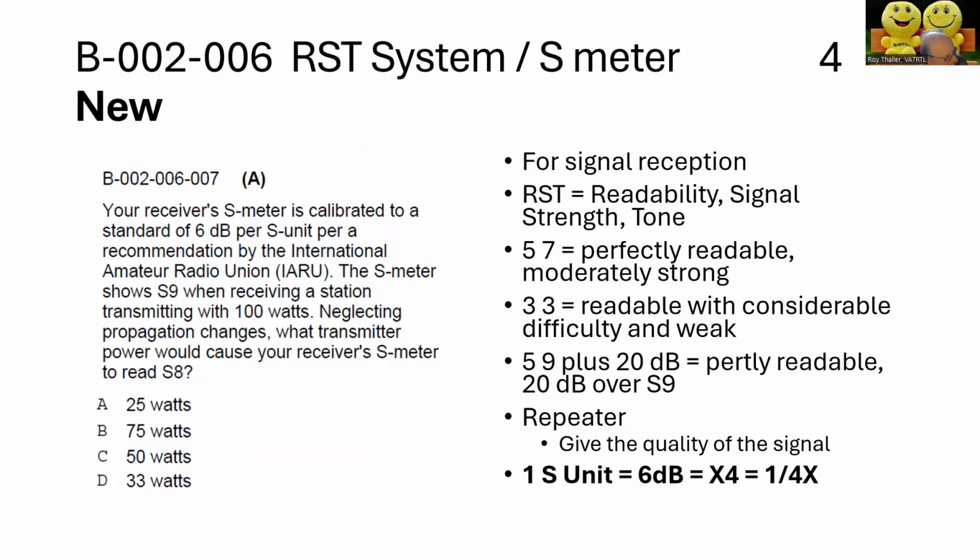Neglecting propagation changes, what transmitter power would cause your receiver S meter to read S8? So you're going down in units. So one S unit is 6 dB. So 6 dB is 4 times or 1/4. So the answer would be 1/4 of 100 watts, which would be 25 watts.